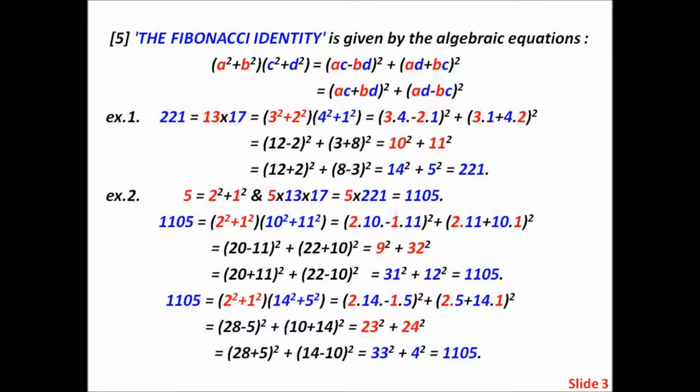Example 1 shows the calculation for primes 13 and 17, and the two resulting sum of two squares equations. Example 2 shows how multiplying the equations obtained by 1 by the sum of two squares of the third 4n plus 1 prime 5 results in a total of 4 sum of two squares solutions.